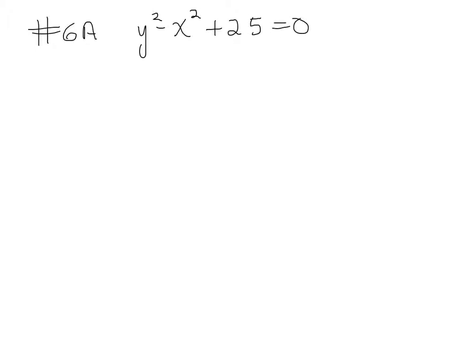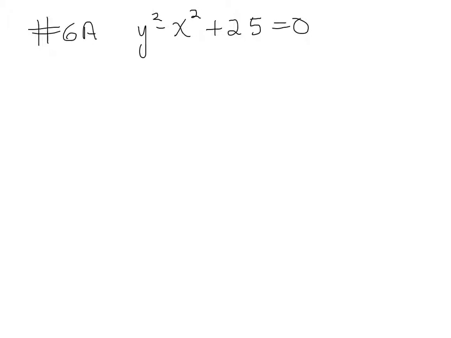In problem number 6, we're going to do 6a. And you have a little e on the left side, which means that it's an ellipse. Okay, so number 6a. The equation is y squared minus x squared plus 25 equals 0. So we need to let it equal the constant number.